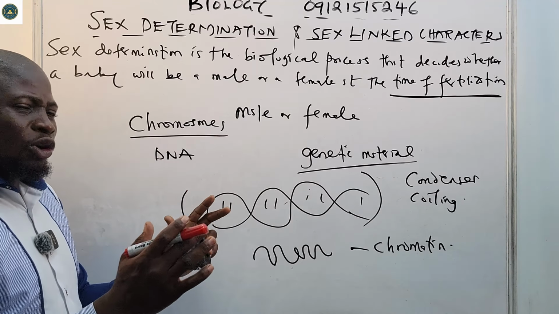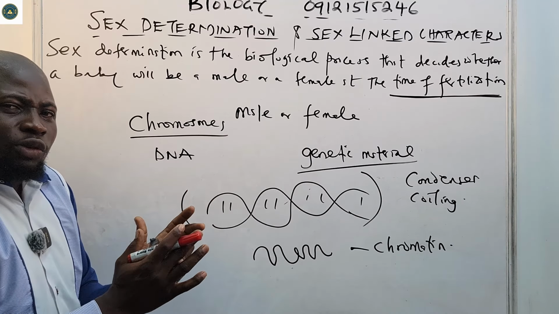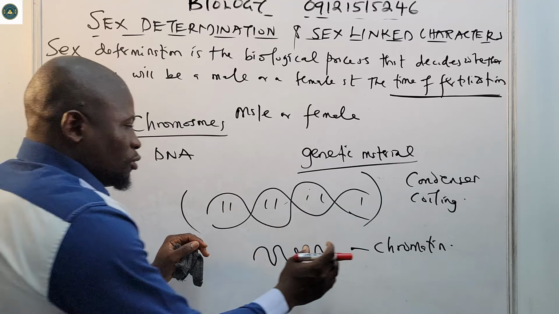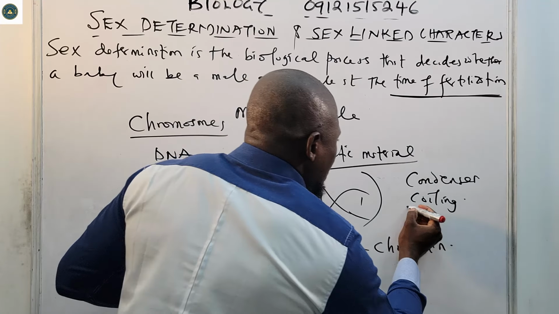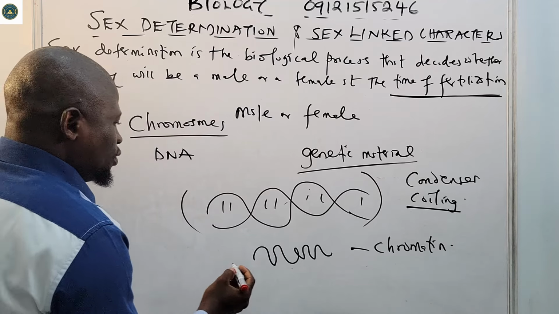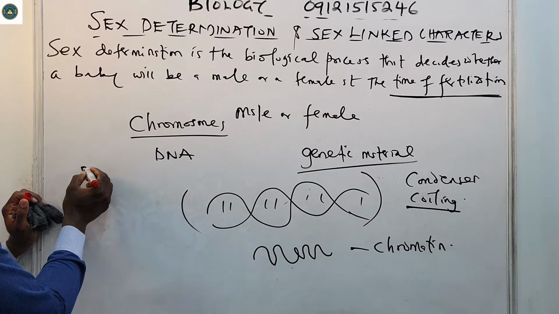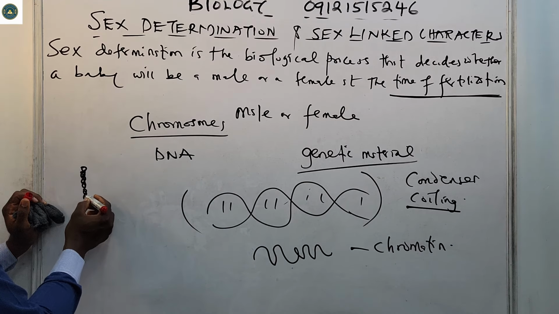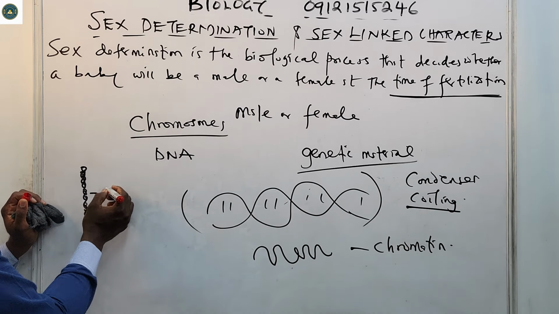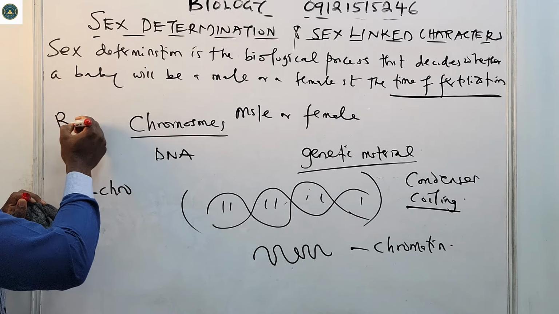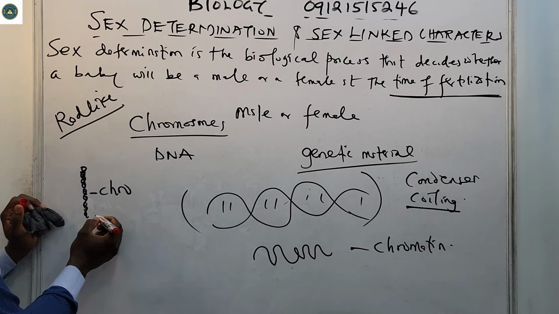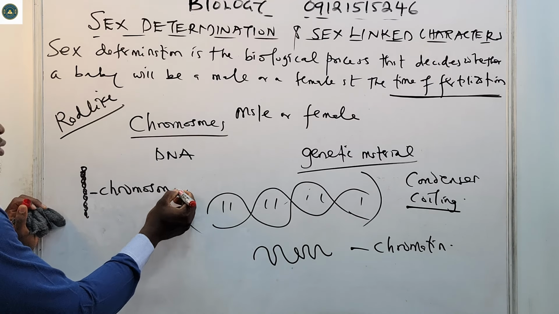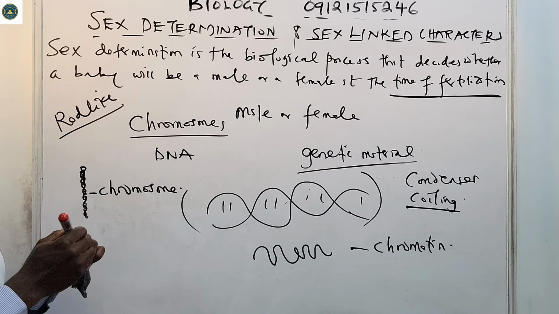After the chromatin also undergoes further coiling, it now forms a rod-like structure that is known as a chromosome. All right, so let me go over that again.